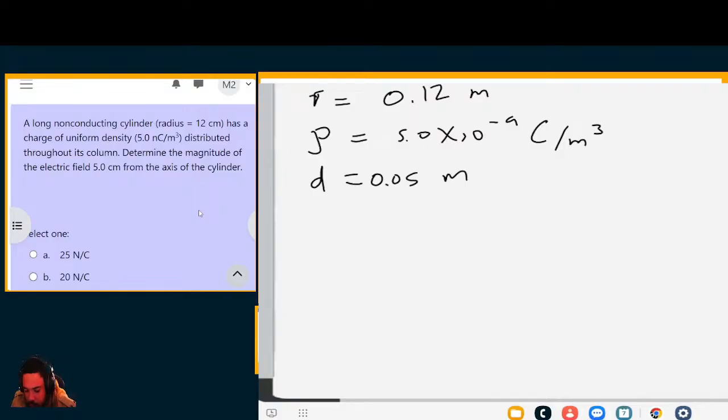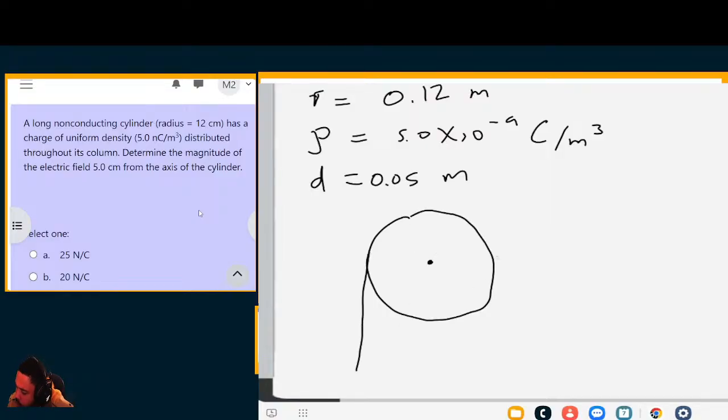Let's say I'm looking at this formula. Remember, this is a non-conducting sphere, sorry, not a sphere, a cylinder.